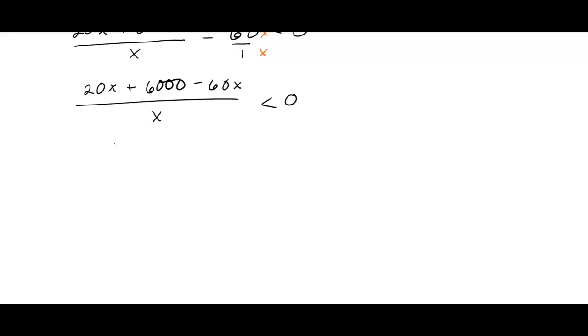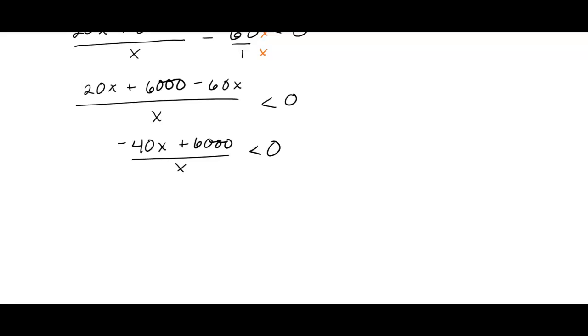I get 6,000 minus 40x, but I'm going to put it in standard form: negative 40x plus 6,000 over x, and we want that to be less than 0.